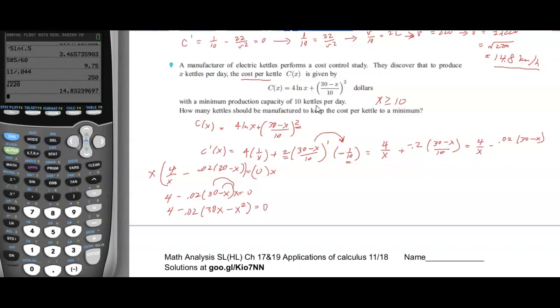Then we distribute the 0.02 to both, and we get 4 minus 0.02 times 30, which is 0.6, so negative 0.6x. And then distributing negative 0.02 to negative x squared gives us positive 0.02 x squared equals 0. So now we have an a value that's 0.02, a b value that's negative 0.6, and a c value that's 4, and we just need to find out what x values make that true.